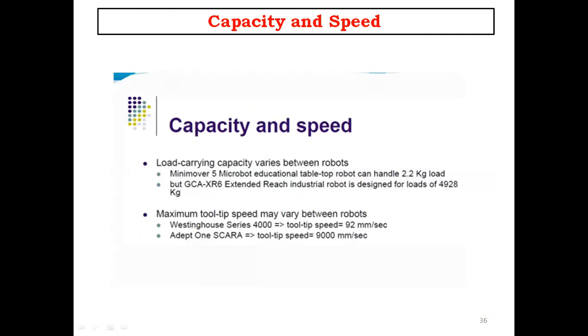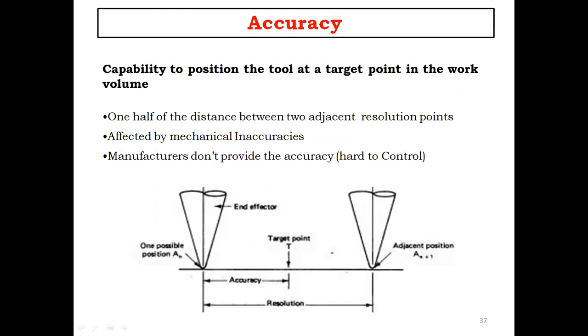The maximum tool tip speed also varies between robots. The Westinghouse Series 4000 has a tool tip speed of 92 mm per second, and the Adept SCARA has around 9000 mm per second. These are the capacities, how much can be handled by the robots, and the speed. Next we have to see accuracy.